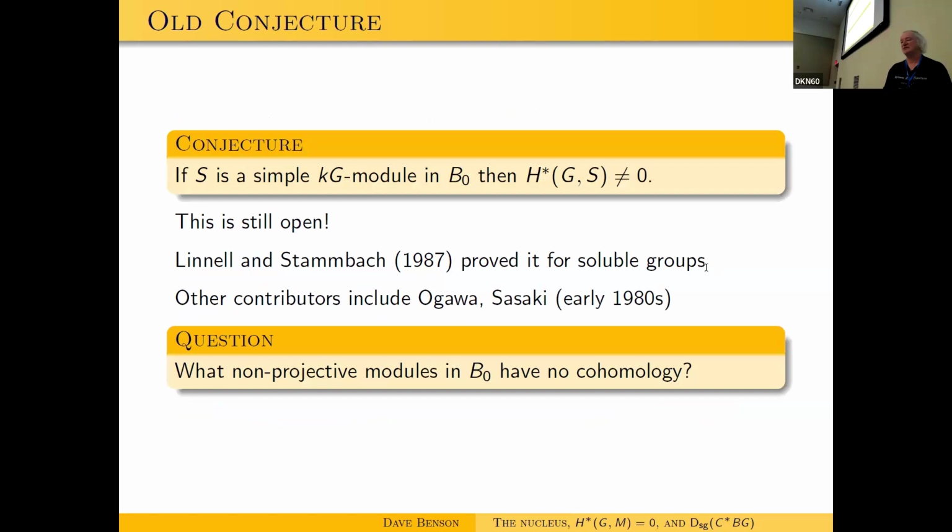I couldn't find it in his work, but it might have been a word of mouth conjecture that says that if a simple module is in the principal block, then it always has cohomology. This was investigated back in the 80s mostly, and is true for soluble groups.